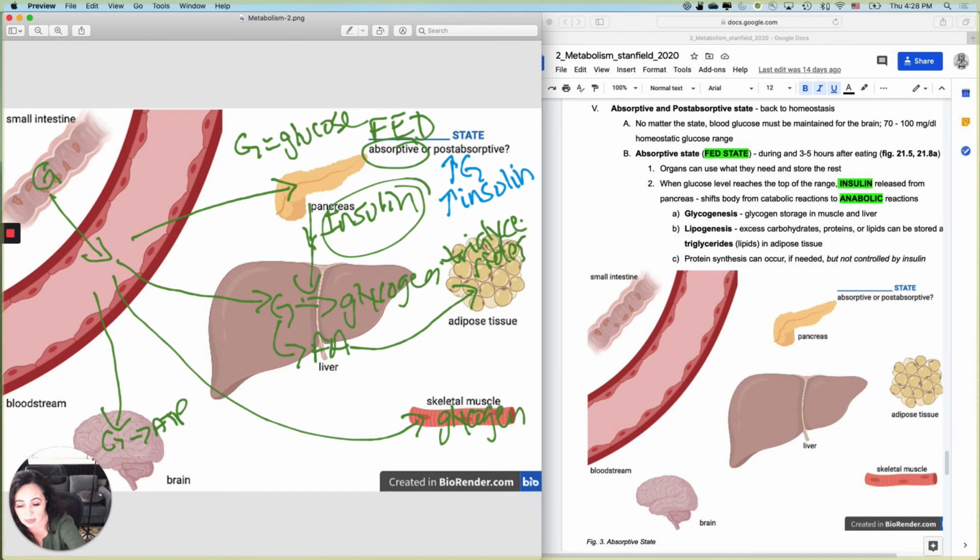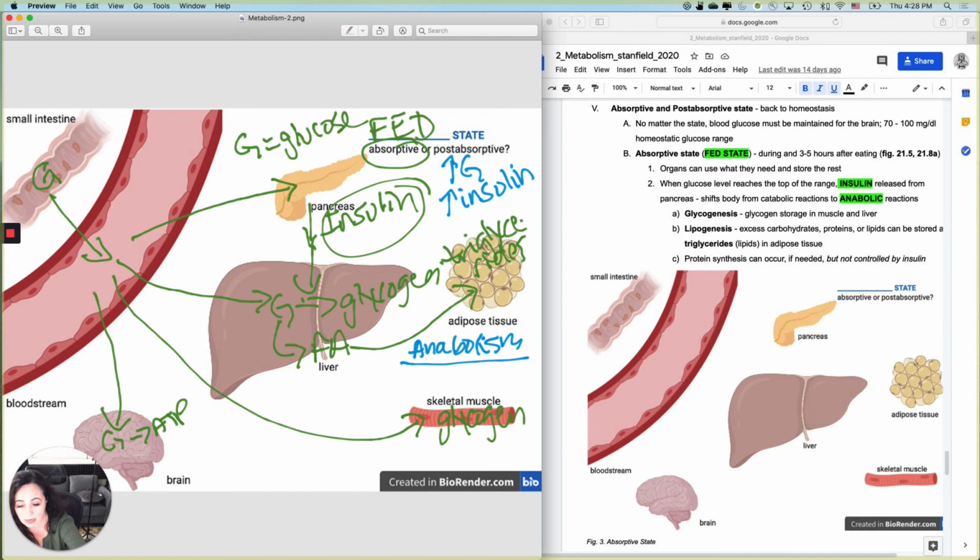And what the absorptive state really favors is these anabolic processes, which you can write wherever you want, but I'm going to scribble them right here. So anabolism, remember, is taking smaller things and storing them as bigger things.